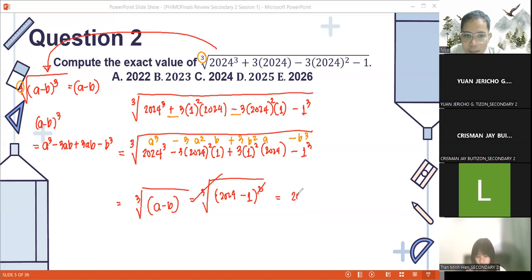So the answer here is 2023. So again, this is just simply simplifying your expression, so that from difficult expressions, it becomes an easier one, right? Agree?